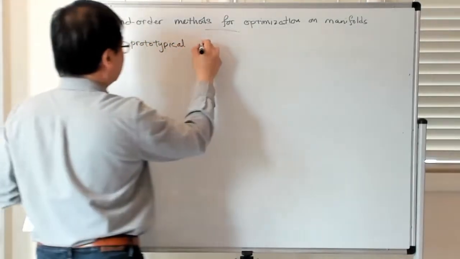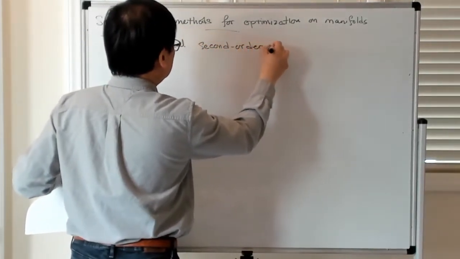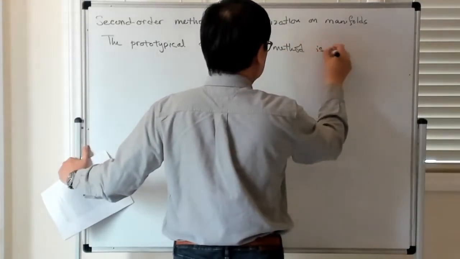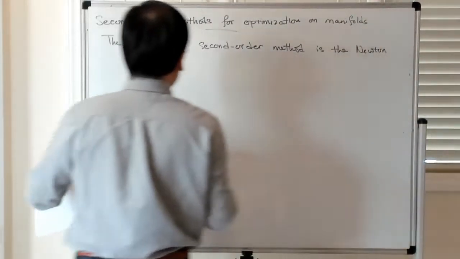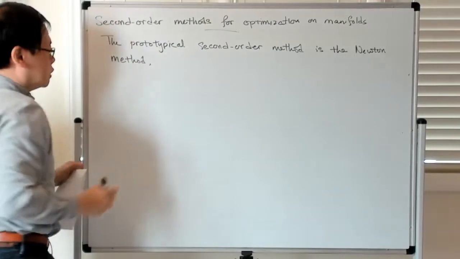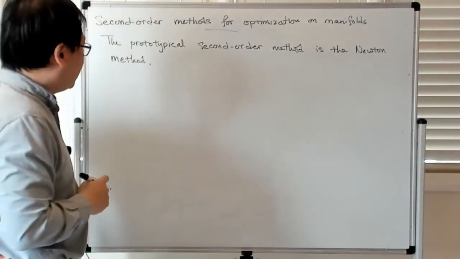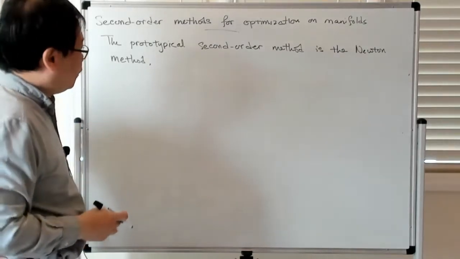So the prototypical second order method is the Newton method. And of course, you typically know about the Newton method as a means of doing nonlinear root finding.